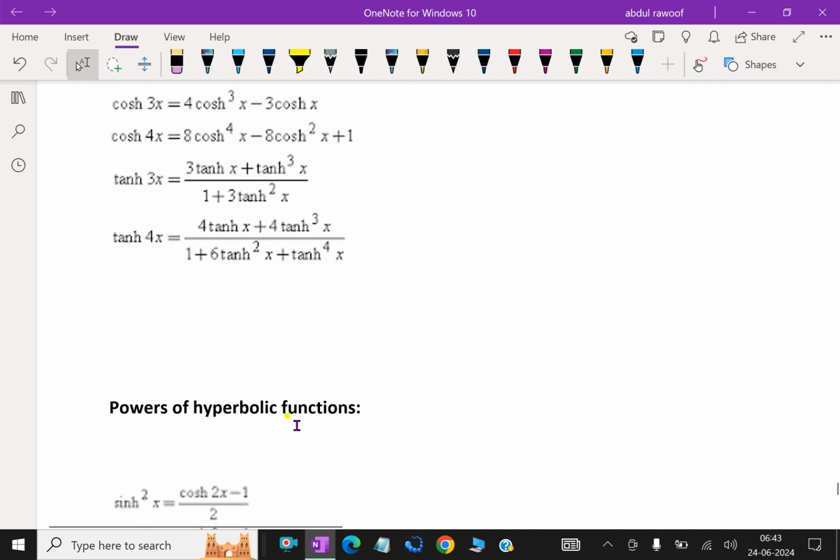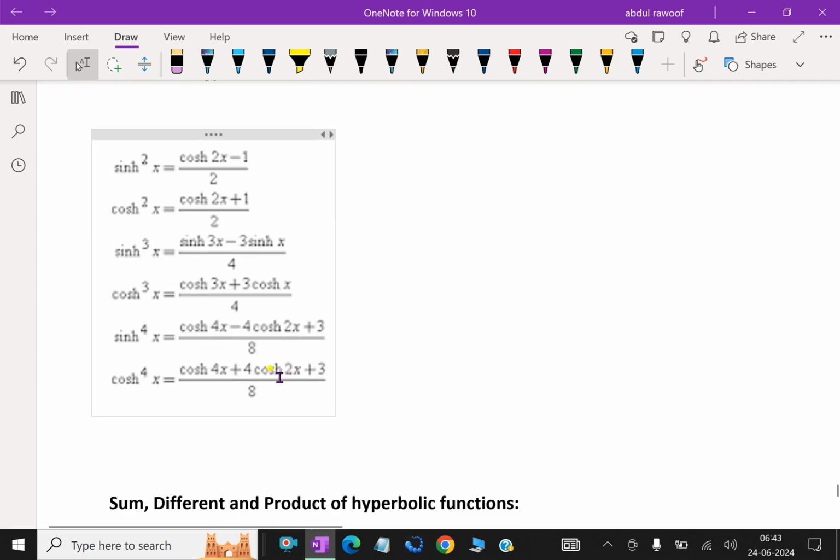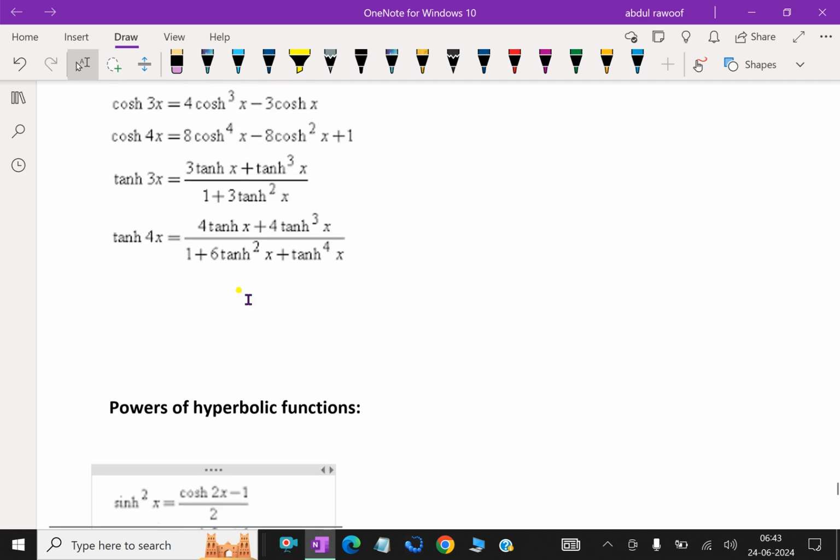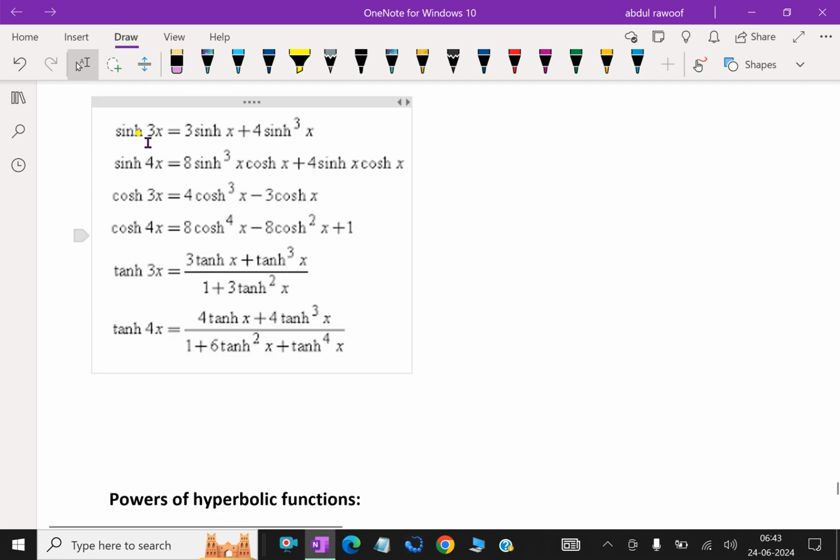Now powers of hyperbolic functions. Here sinh squared x equals (cosh 2x minus 1)/2. In the same way, you can find cosh squared x. Then sinh cube x, that is from the triple angle formula of sinh and cosh.